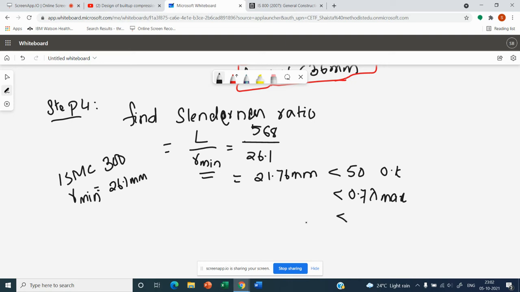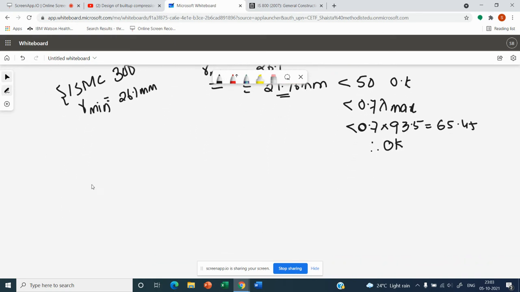Once again, if we refer to the design of ISMC 300 built-up column, we had maximum slenderness ratio as 93.5. These values are obtained from the video posted on 20th September with the title Design of Built-up Compression Member 1. So we got this as 65.45. So 21.76 is less than 50 as well as less than this. Okay, the slenderness ratio is acceptable. So step 4 is completed.